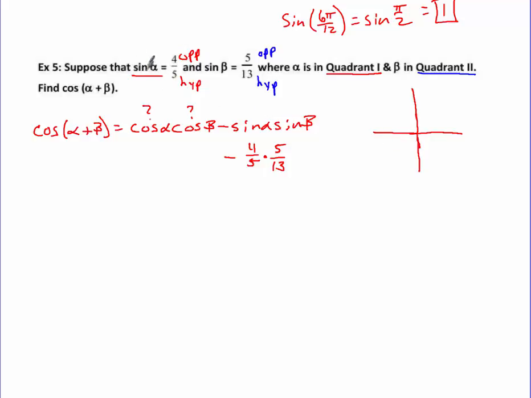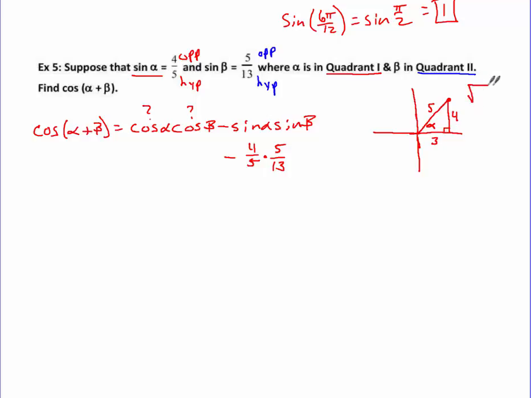All right, so we're looking for our angle alpha. And remember, since it's in the first quadrant, that means it's in here somewhere. And the angle is always the acute angle formed with the x-axis. So we're going to draw straight down. Our opposite from that angle is 4. Our hypotenuse is 5. And hopefully you recognize this is a 3, 4, 5 right triangle.